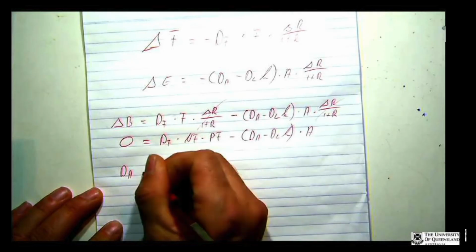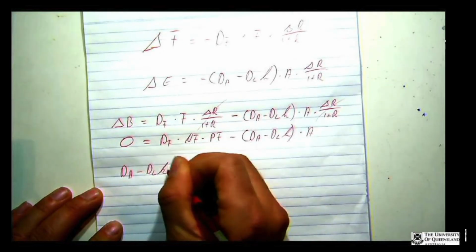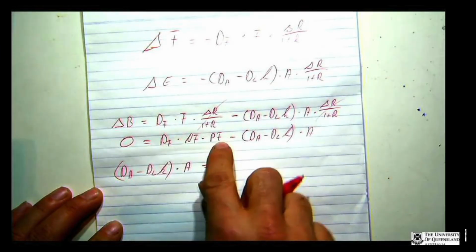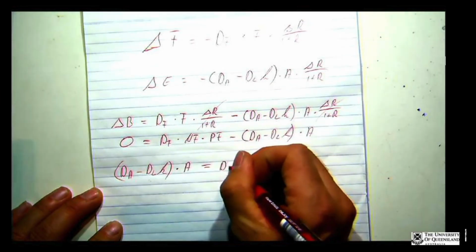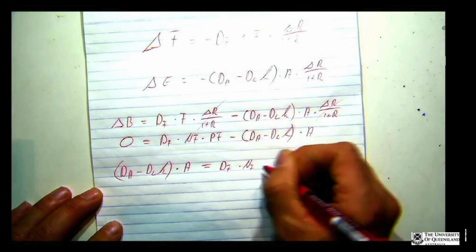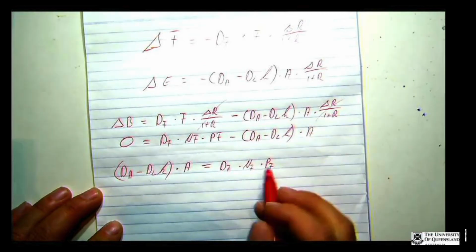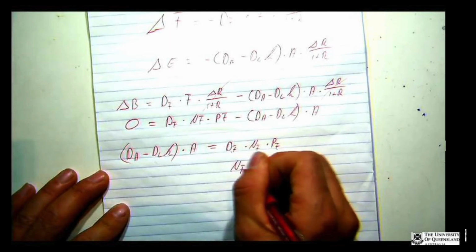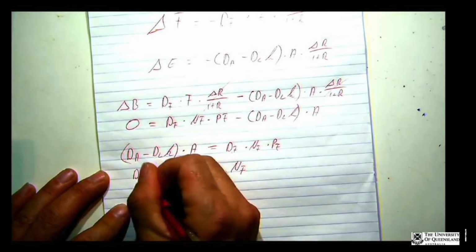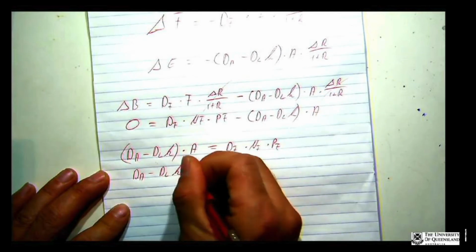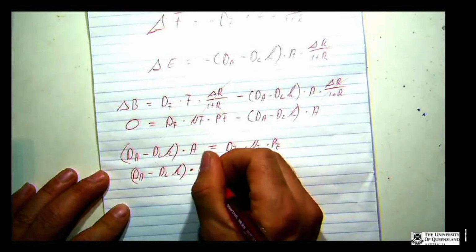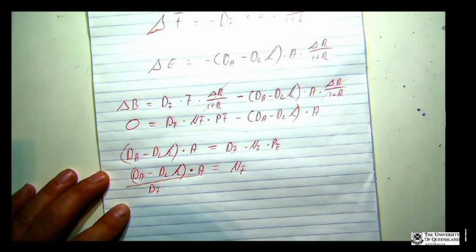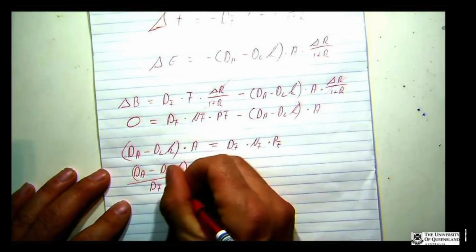Then I have dA minus dL times K times A equals dF NF PF, and then I just divide by dF and PF, and what is left over on this side is the number of future contracts I need: the adjusted duration gap times how big my bank is, divided by the duration of the future contract that I can buy, divided by the price of the future contract.